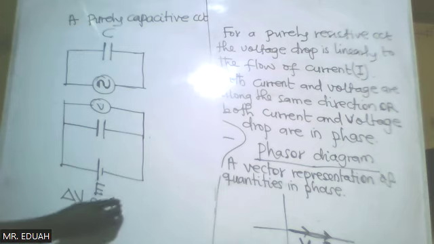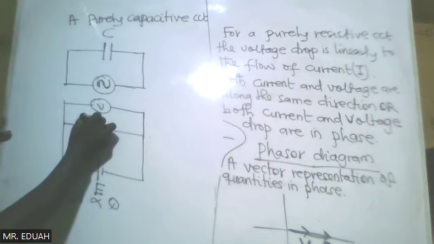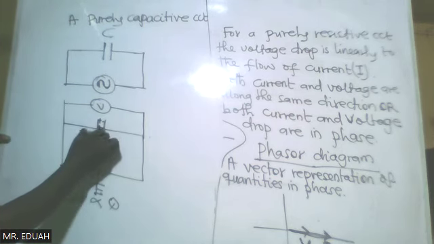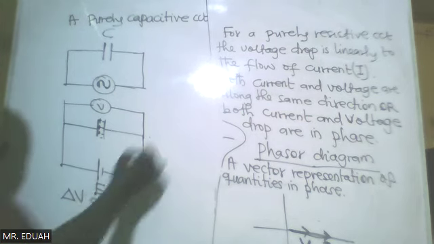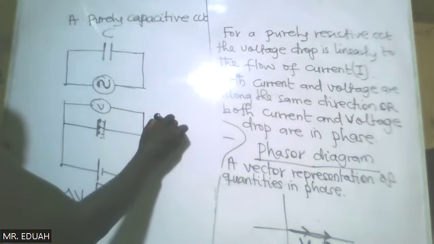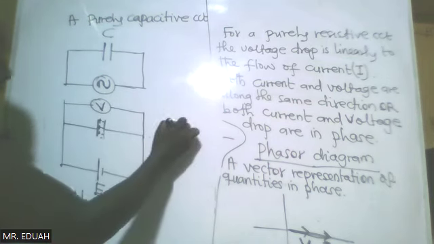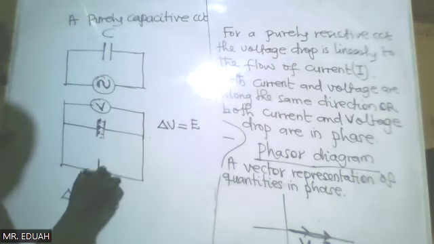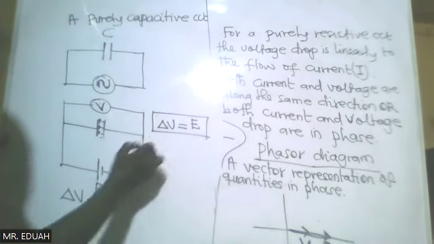So as the charge stored on the plate increases, the voltage drop across the capacitor also increases. Now, at the point where the voltage drop across the capacitor is equal to the EMF of the battery, we say the capacitor is fully charged.